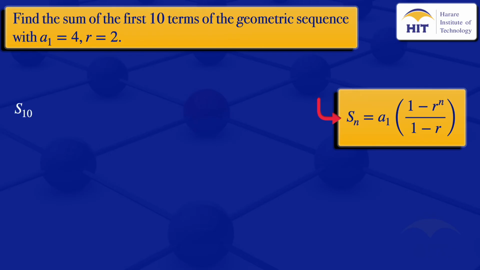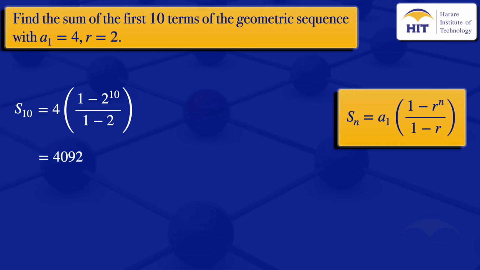We substitute n equals 10, a equals 4, and r equals 2. So the sum is 4 multiplied by 1 minus 2 to the power 10, divided by 1 minus 2. That gives us 4092. So the sum of the first 10 terms of that geometric sequence is 4092.